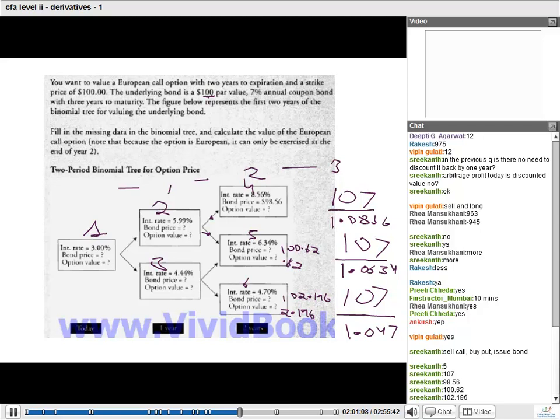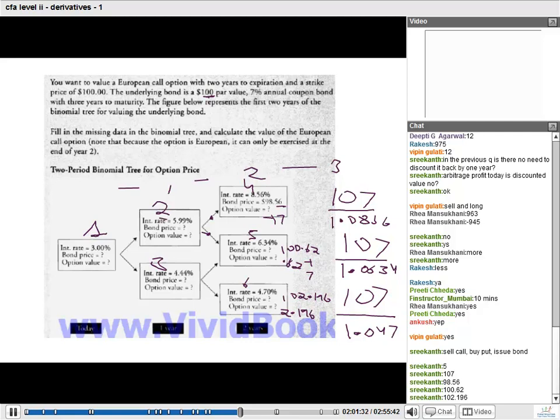I see a bond value of 98.56 plus $7 of coupon, or I see a bond price of 100.62 plus $7 of coupon.